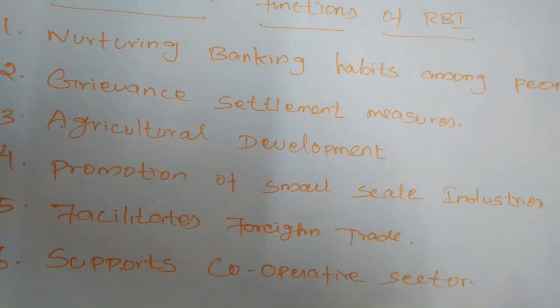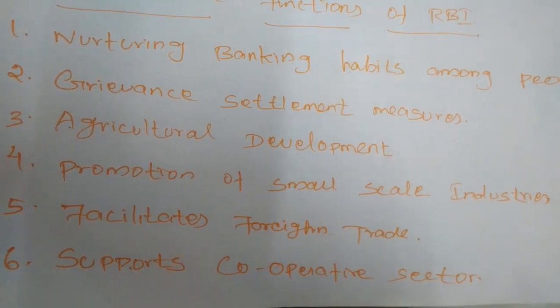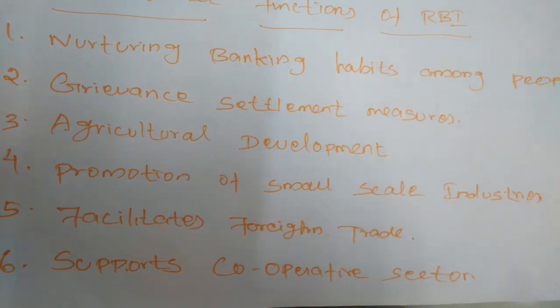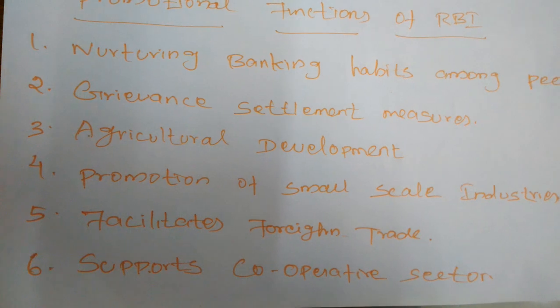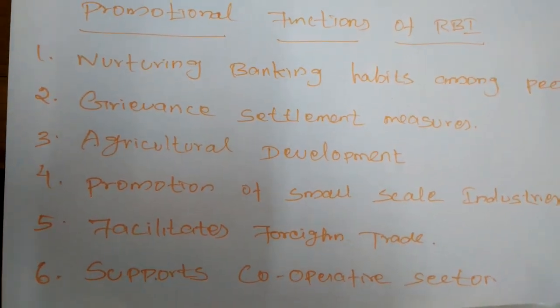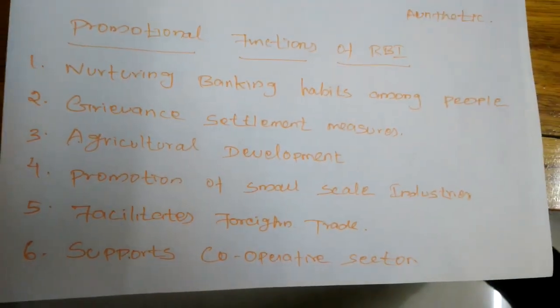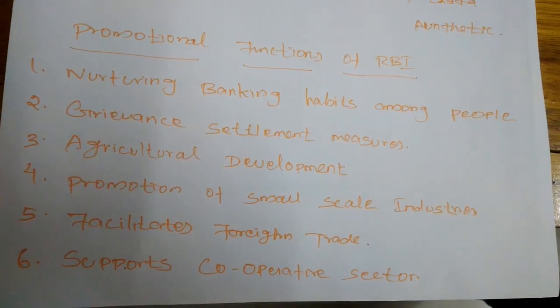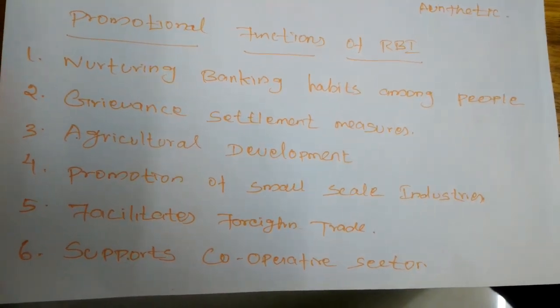But the Reserve Bank of India provides some money or financial facilities to the cooperative sectors, indirectly and directly. When they give financial assistance to the cooperative sectors, the poor people and the cooperative sectors will also improve. So this is the sixth type of promotional function undertaken by the Reserve Bank of India.